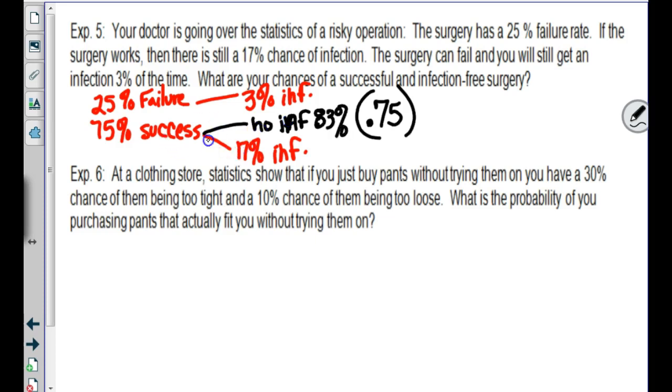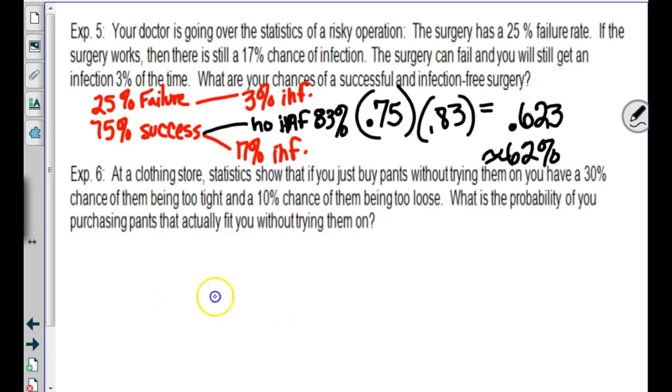A tree diagram would be helpful. That's kind of what I'm trying to do here. So 0.83, I don't know what that is. Somebody helping me out? Okay, so your chances of a successful infection-free surgery are about 62%.